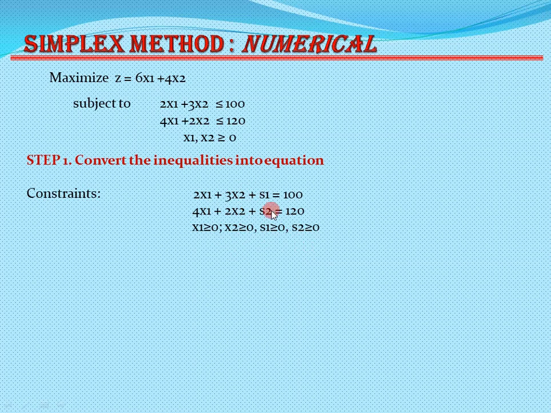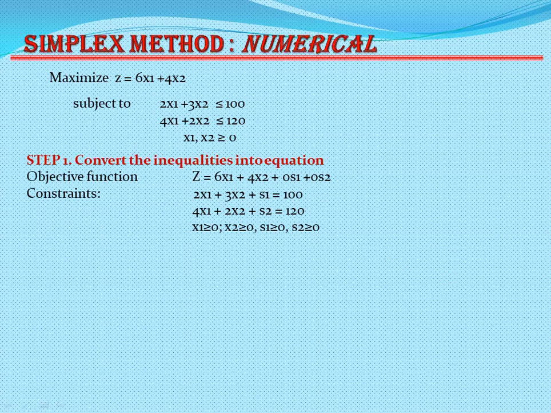And due to the addition of the slack variables in the constraints, the objective function is going to be modified. So the objective function can be written as z is equal to 6x1 plus 4x2 plus 0s1 plus 0s2. So these slack variables are added in the objective function too, and there is no contribution of the slack variables in the objective function, so that's why their coefficient is written as 0.